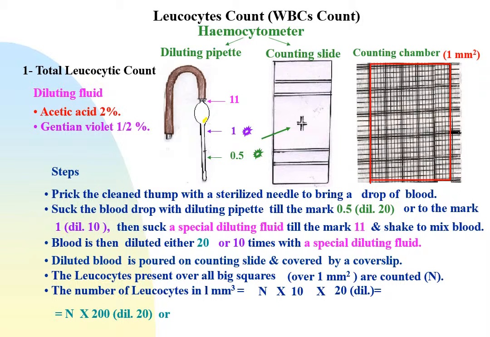Finally, the end result of the equation is that the number of leukocytes present in a single cubic millimeter equals the number counted in all big squares multiplied by 200 if we are using 20 times dilution, or multiplied by 100 if we are using 10 times dilution.